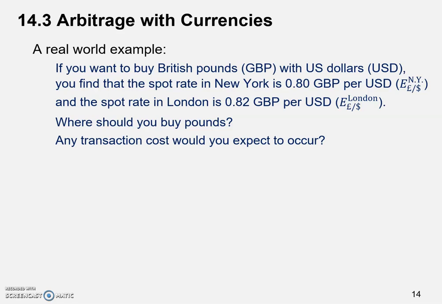So you have to factor in how much you pay for wiring. This wiring cost could be more than 2 pence, which is the price difference here. In other words, it may not be profitable and probably doesn't make sense, if you pay more for wiring than the additional 2 pence you could get in London.